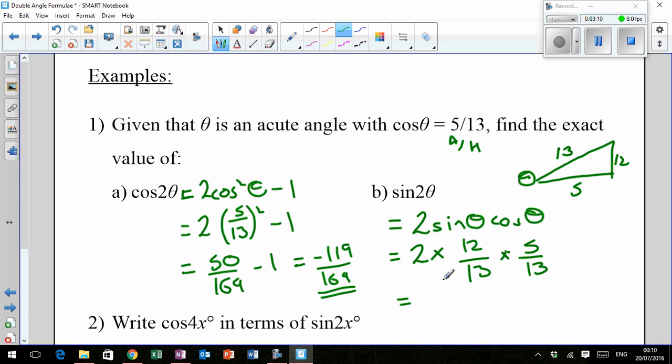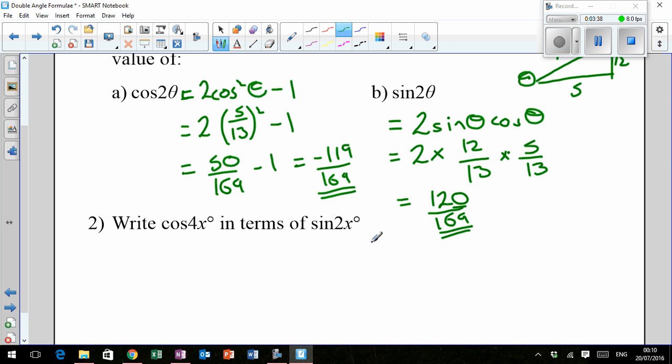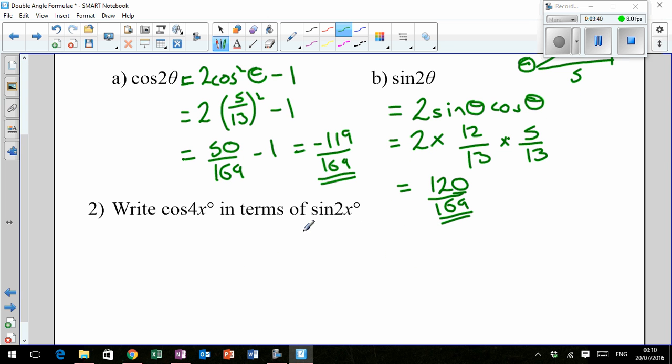Okay, and then just calculate that. 12 times 5 is 60, times 2, 120/13. Oh, rubbish, I've not multiplied the denominators. 13 times 13 on the denominators is 169, apologies. Okay, so again, we've got the expansion, we'll use the expansion, we're using trig triangles quite a lot within this as well.